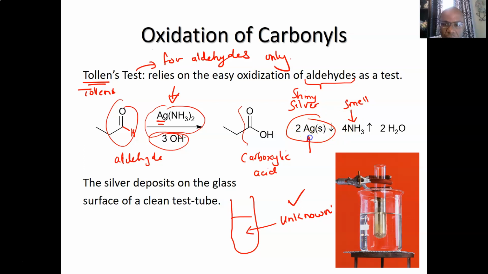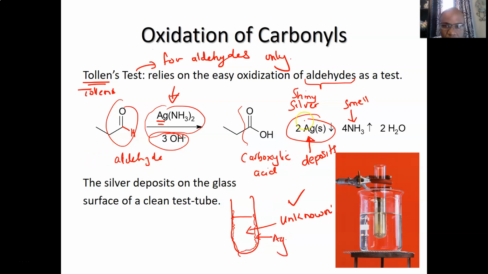So this is the diagnostic test. You'll see shiny deposits on the inside of the glass, on the wall. Those shiny deposits are actually silver.